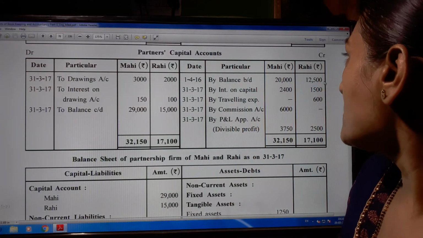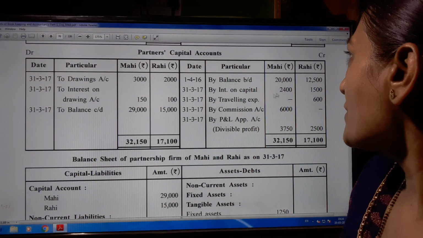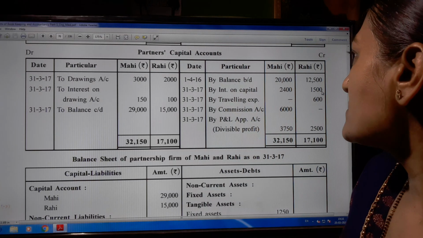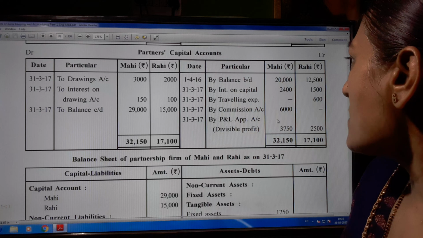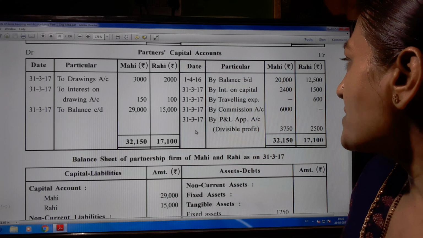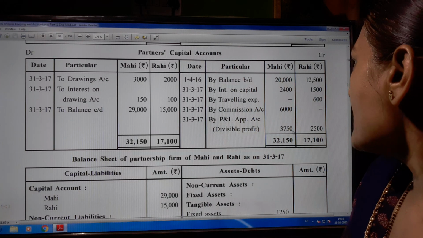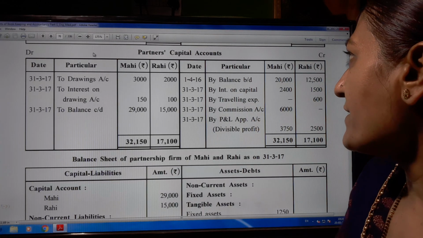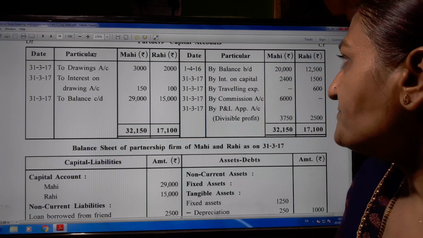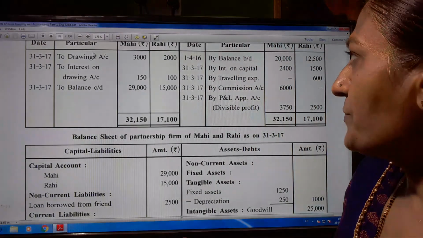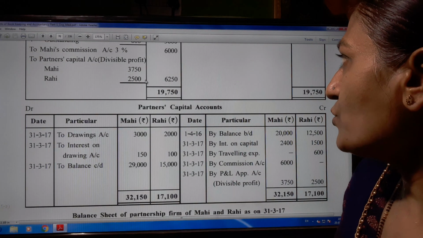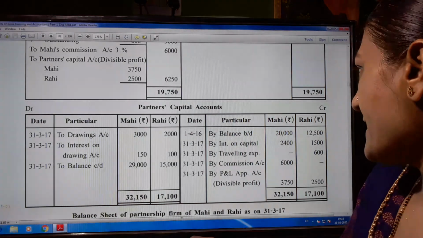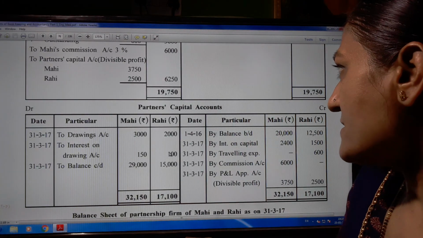Balance brought down 20,000 and 12,500, by interest on capital 2,400 and 1,500, by traveling expense 600, by commission account 6,000, and profit and loss appropriation account divisible profit 3,750 and 2,500. It is given in the profit and loss appropriation account this way, 3,750 and 2,500. This we write individually in Mahi's and Rahi's accounts.